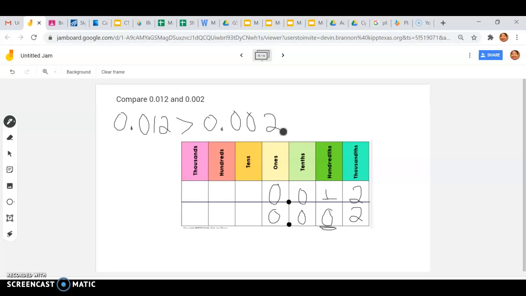Even when you feel like it's easy, it's always important to make sure that you're checking your answers with your place value chart when you're comparing and ordering.